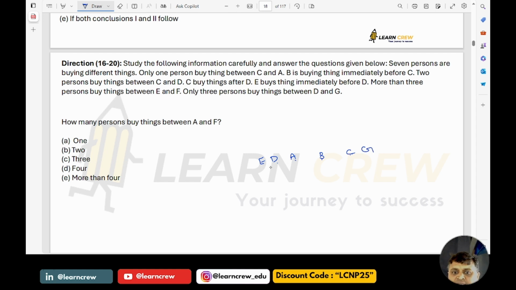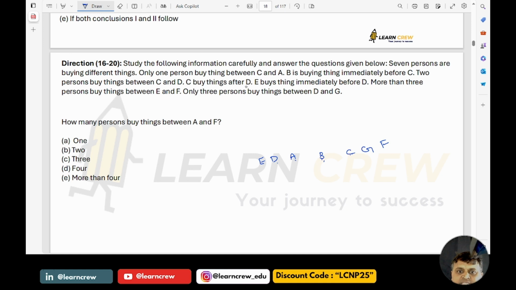Now between E and F, more than 3 persons. So definitely F has to be last. Because it is given that E buys things immediately before D. Satisfied. And between C and A there is only one person.